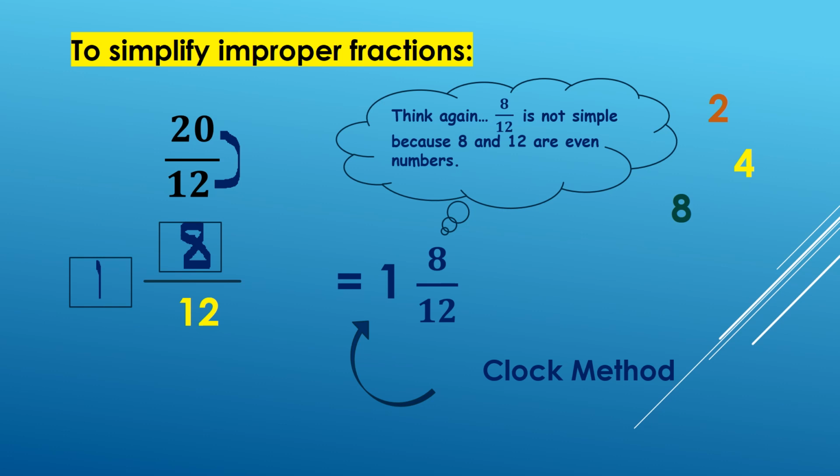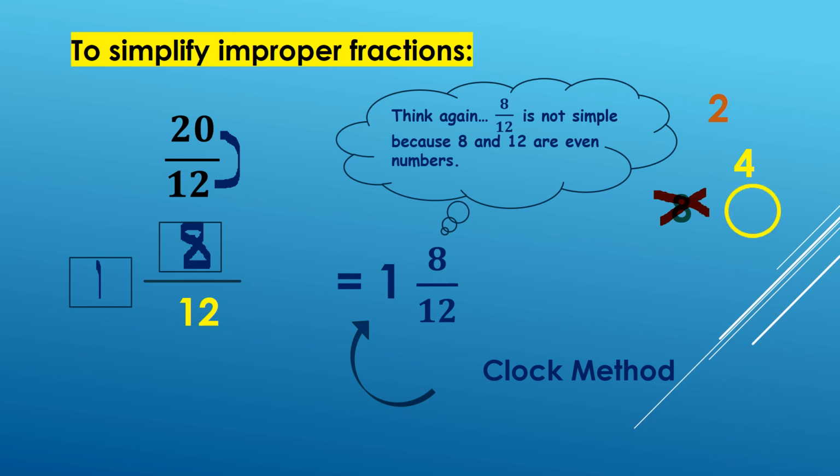I can divide 8 by 2 and 12 by 2. And 4 is correct. I can divide 8 by 4 and 12 by 4. But 8 is wrong. I can divide 8 by 8, but I cannot divide 12 by 8. There's no answer.